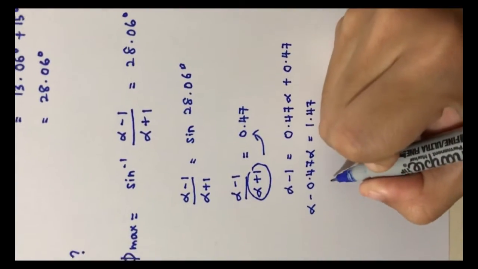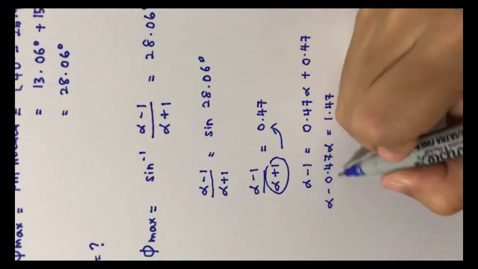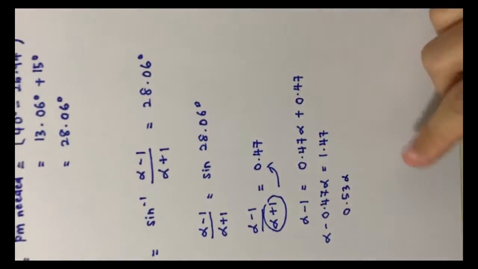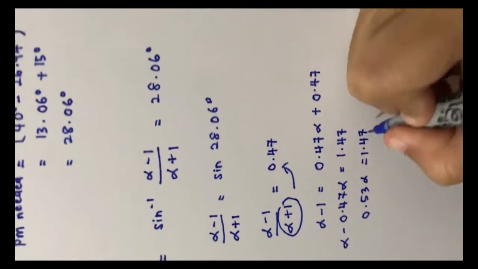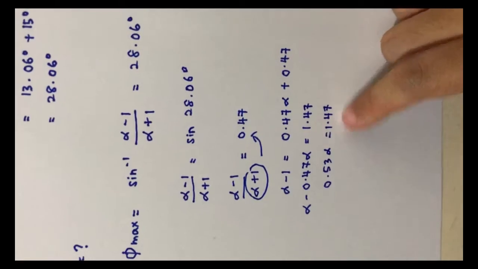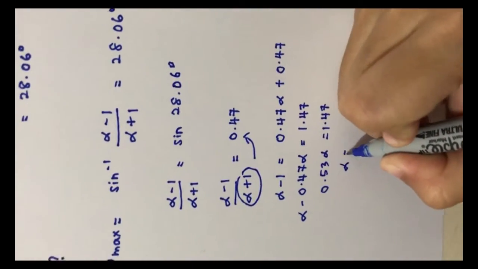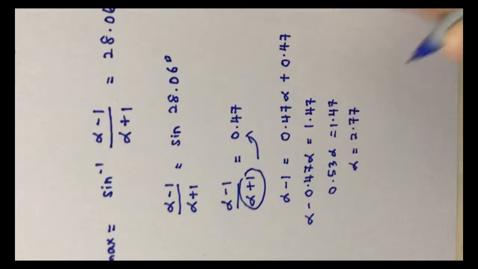So now alpha minus 0.47 alpha will result in 0.53 alpha, which equals 1.47. By taking 0.53 over, which is divide, we will obtain alpha equals 2.77.